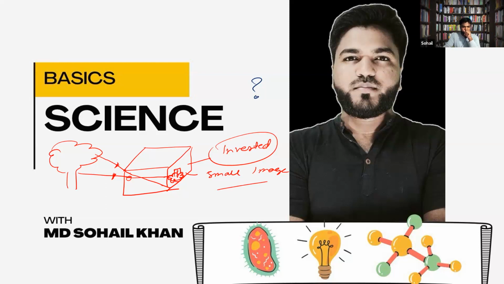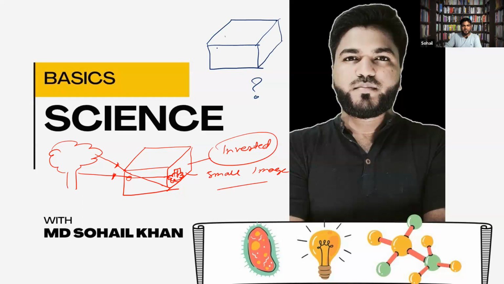So what happens is that when we take the box and put a pin mark on the box and see through it, for example there is a tree, you can see it inverted.